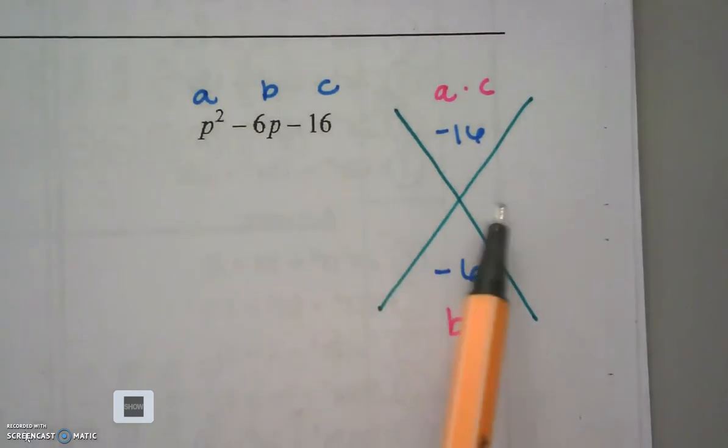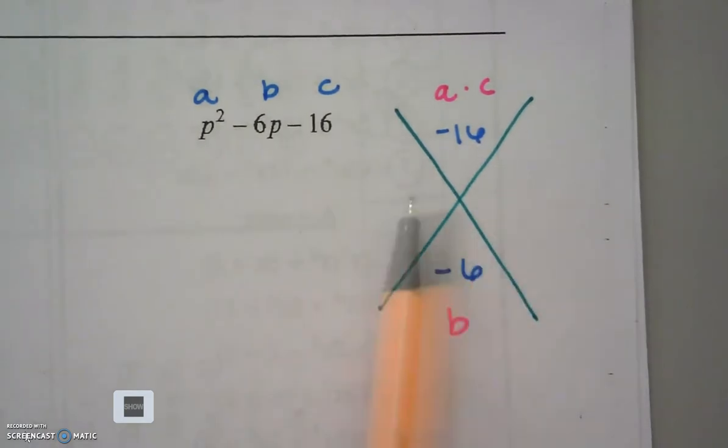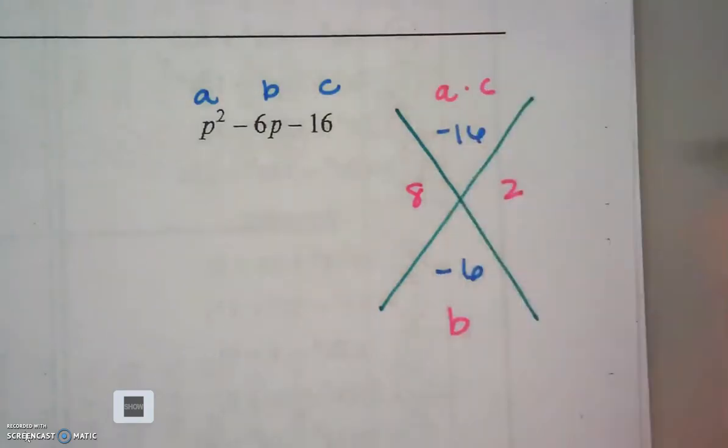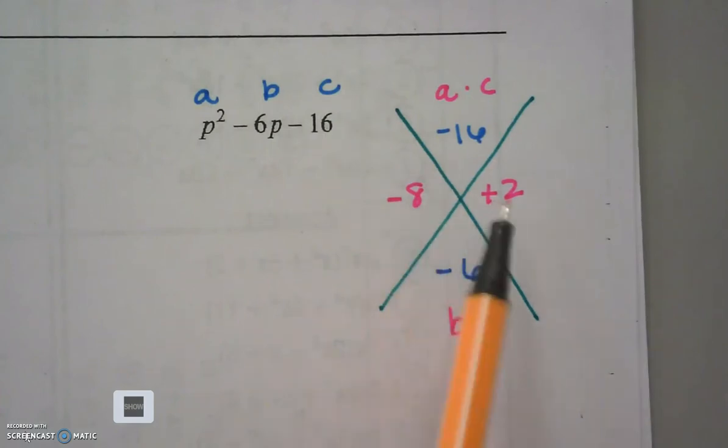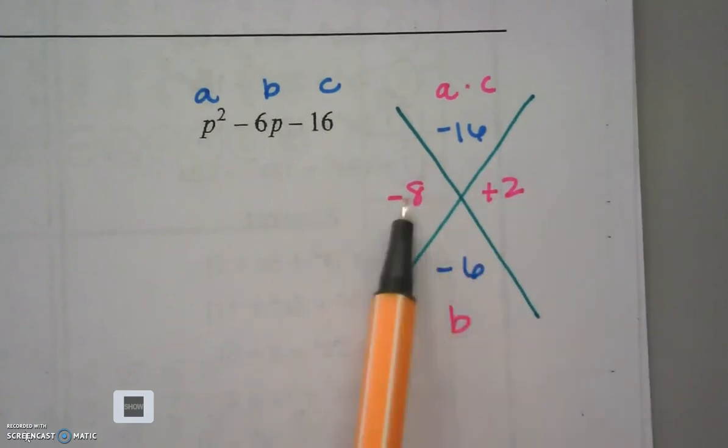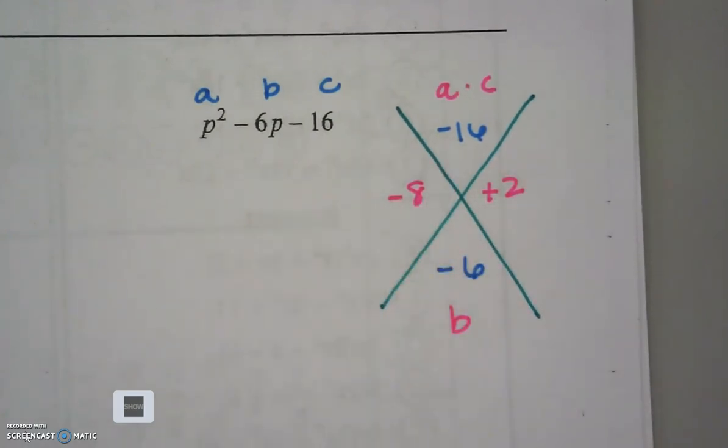On the sides of your X, you're going to put the factors of 16 that could help you get to 6. So again, you still have to think of those factors. I know it's going to be 8 and 2. And it's going to need to be a negative 8 and a positive 2, because 2 minus 8 is a negative 6, and if I multiply, I get a negative 16.